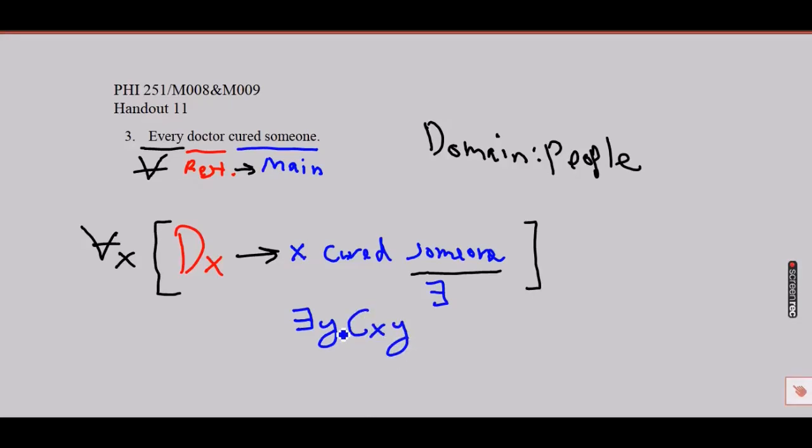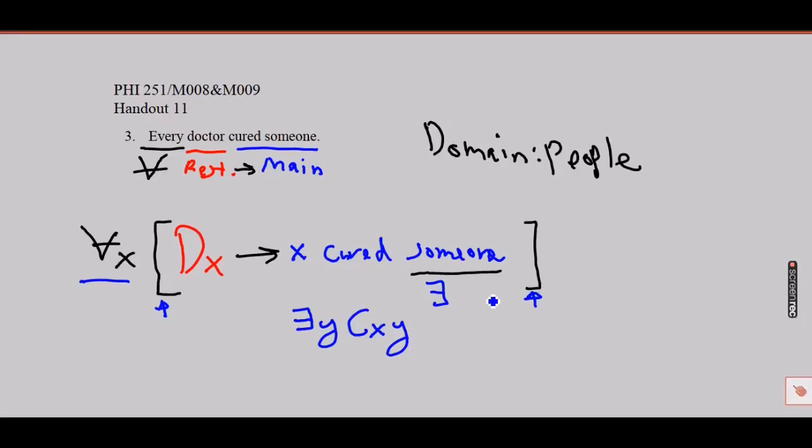Right? And notice that I'm using y and not x. And the reason is that we are in the scope of this quantifier here. We talk about the notion of scope, right? That's the formula immediately to the right of a quantifier. So the scope of this universal quantifier is from here to here. So when you are in the scope of a quantifier and you want to introduce a new quantifier within the scope of the first one, you need to use a different variable.